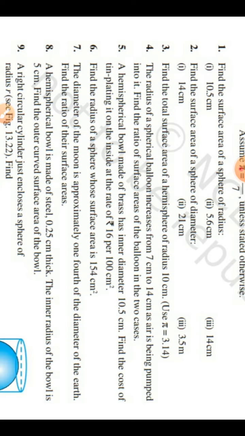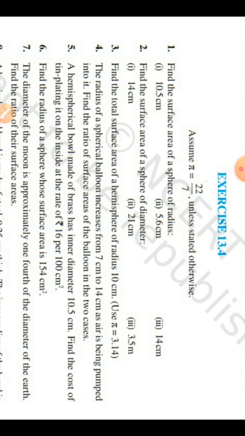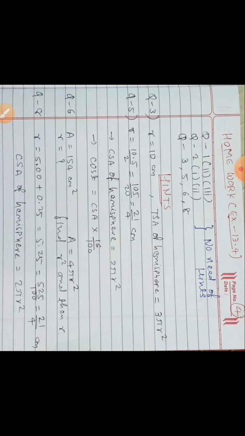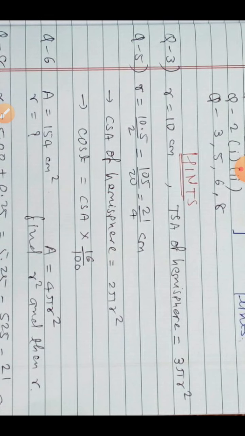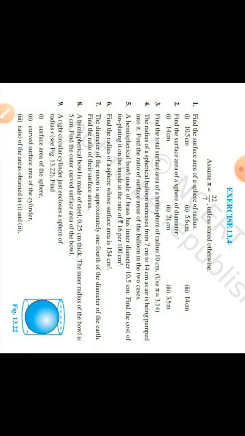Radius is given 10, and the value of pi you should use is 3.14, meaning 314 upon 100. So don't forget to use the given value of pi. So 3 is again simple, use 3 pi r square and pi's value 3.14.